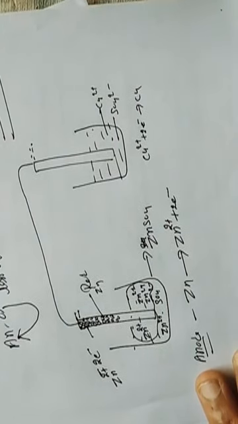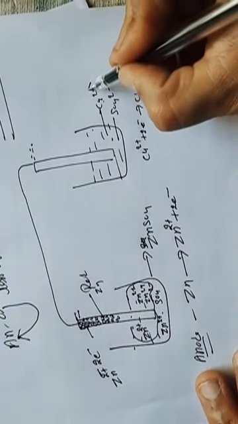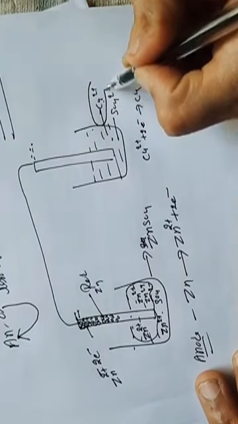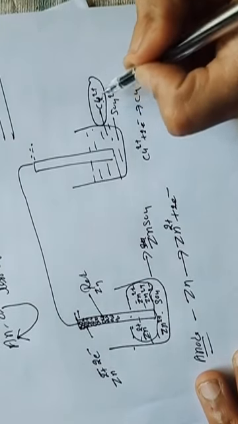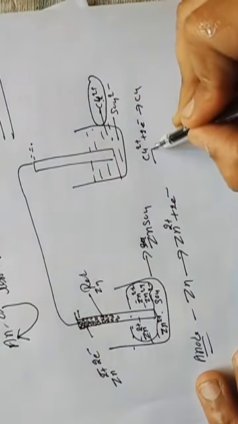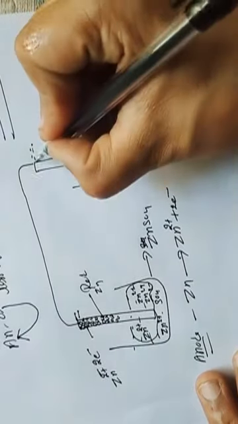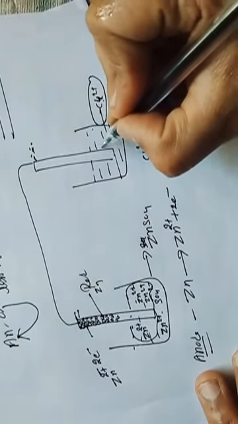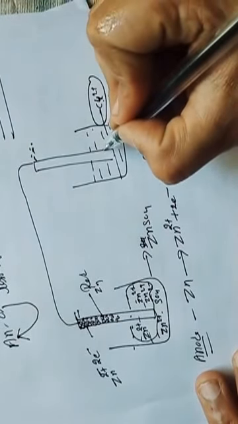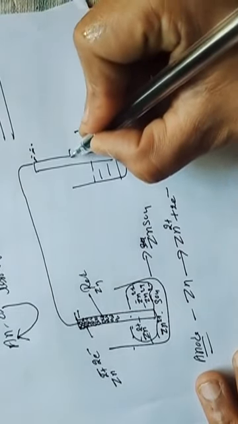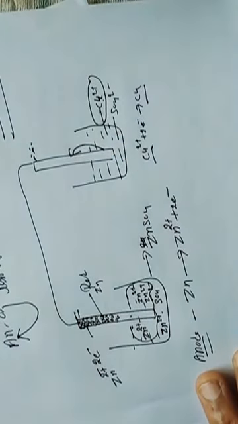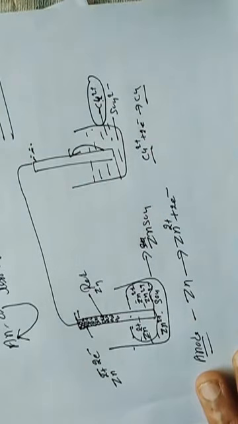By this way you can see that Cu2+ will be consumed, because it changes into copper. Electrons will come here, and the Cu2+ from the solution will deposit on this electrode by taking the electrons.